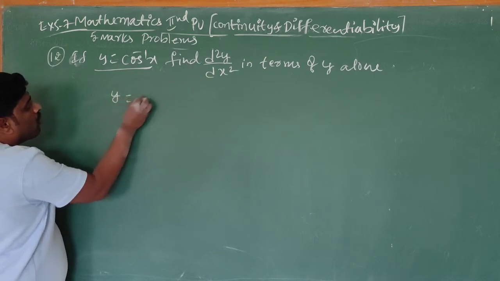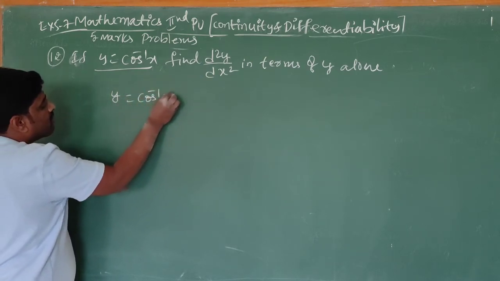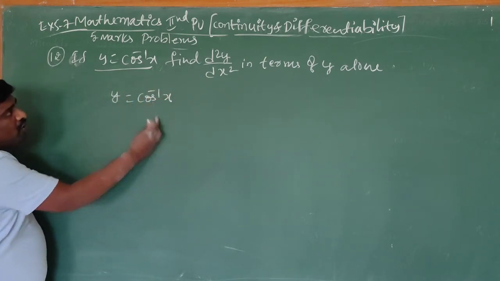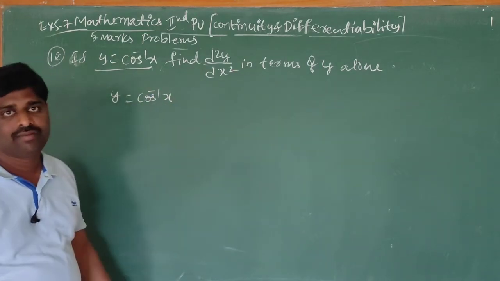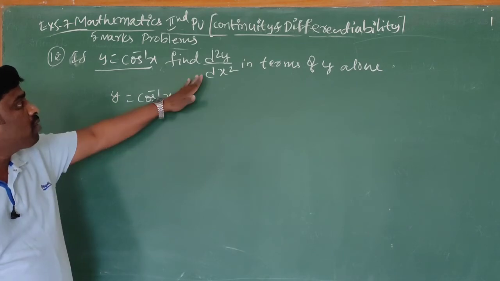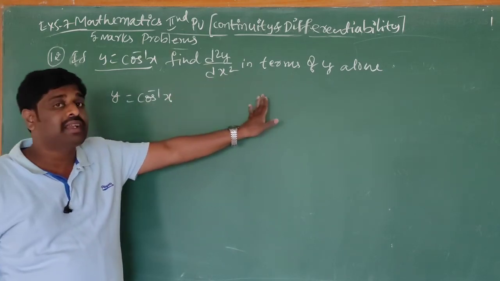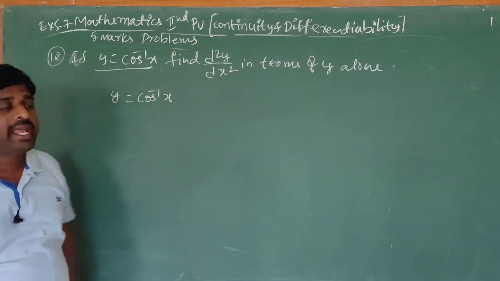Here I want to find d square y by dx square in terms of y. We keep it in mind. I want to find d square y by dx square in terms of y.